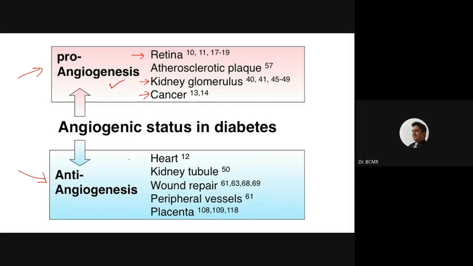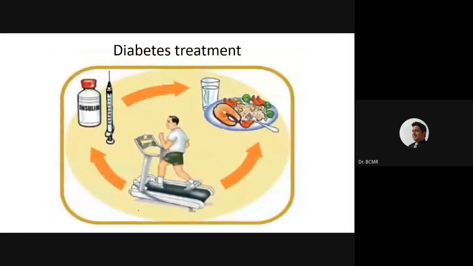Whereas in tissues like heart, kidney tubules, wound repair, other peripheral vessels and placenta, it is anti-angiogenic. So these are some of the things that we need to keep in mind. So what to do for it?